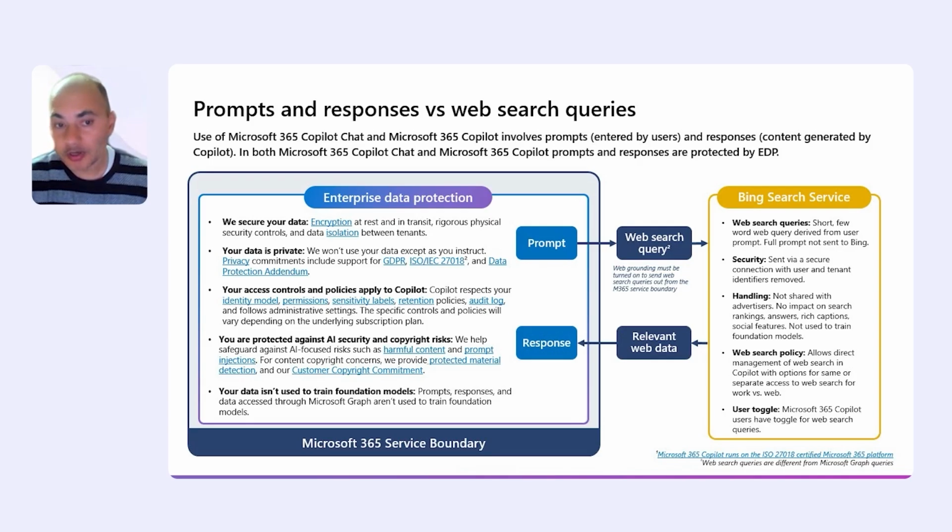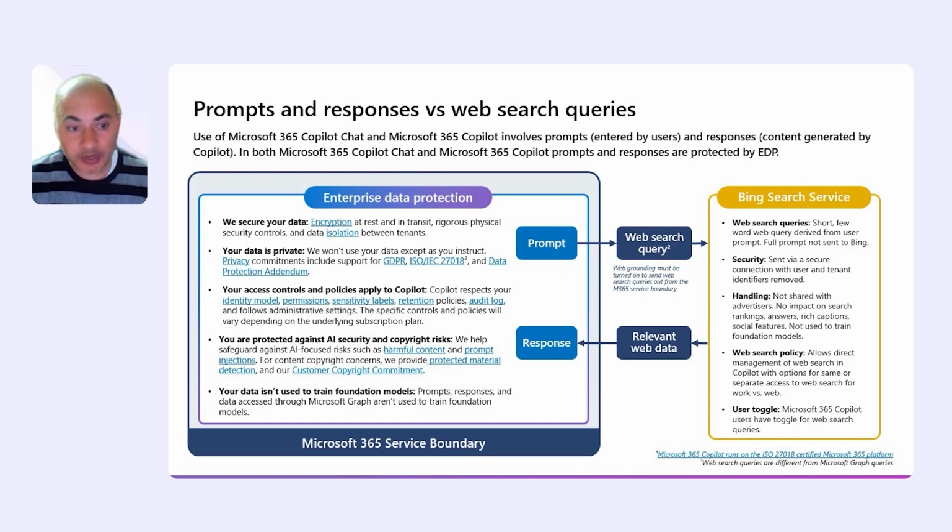When a user asks for a response with respect to data available on the web, that prompt is sent as a web search query to the Microsoft Bing search service. When this prompt is sent, it's not exactly the same prompt the user typed. Instead, a few short keywords derived from the user query are sent, and the full prompt is not sent to Bing.